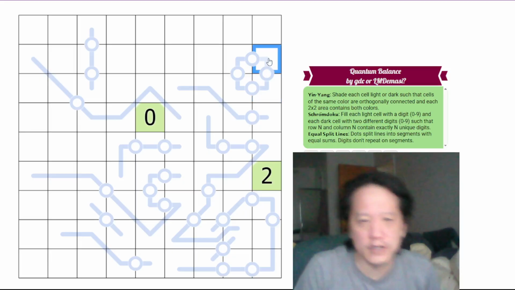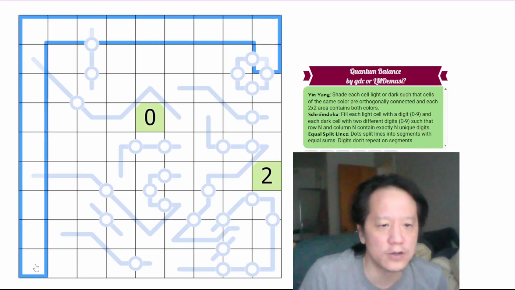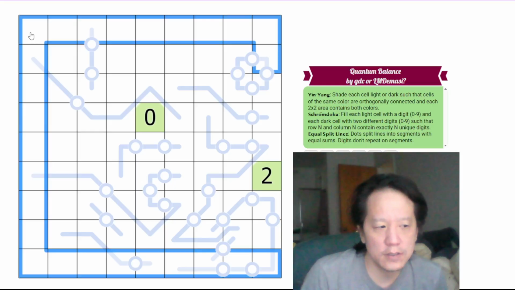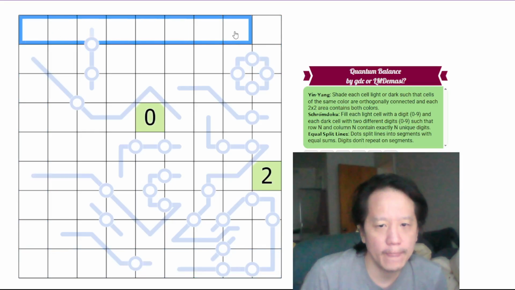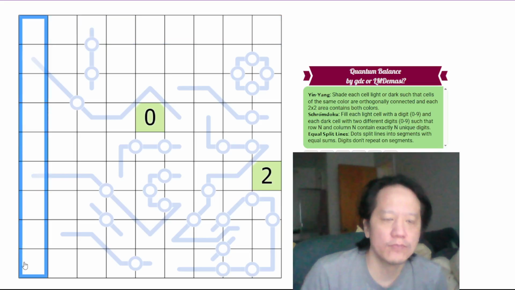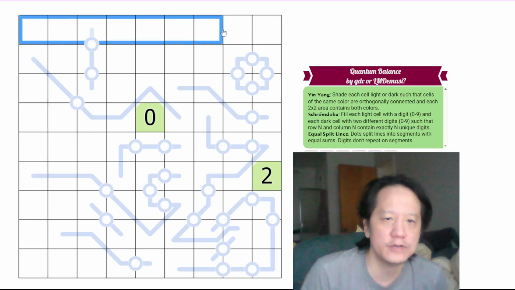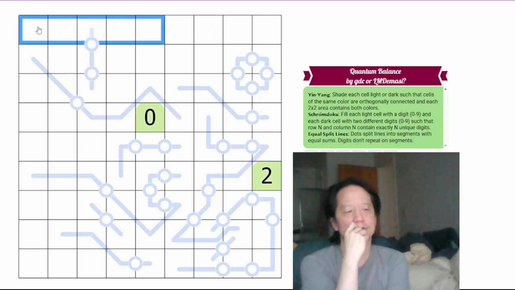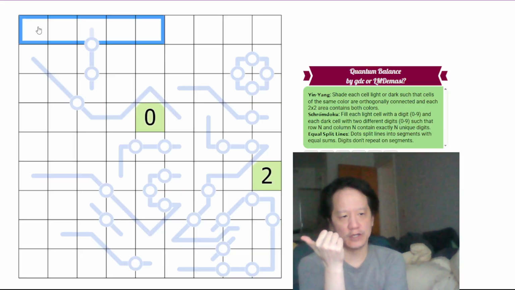And if we tried going green all the way around here, one thing we're guaranteed is in row 1 and column 1, we are guaranteed there's going to be at least every digit must be duplicated except for 1.